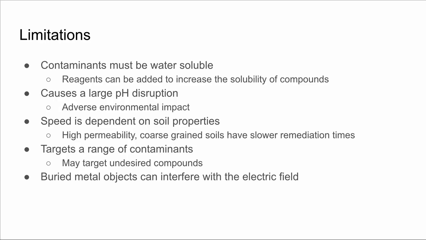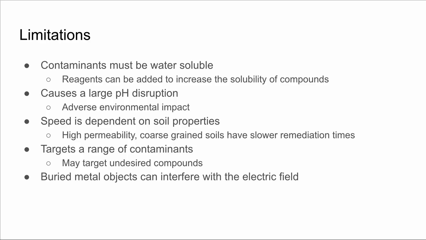So that's an environmental impact that you have to keep in mind. So if you're conducting this at a site where the soil or just the environment wouldn't be able to tolerate that kind of pH disruption, then you would probably want to select a different type of remediation.